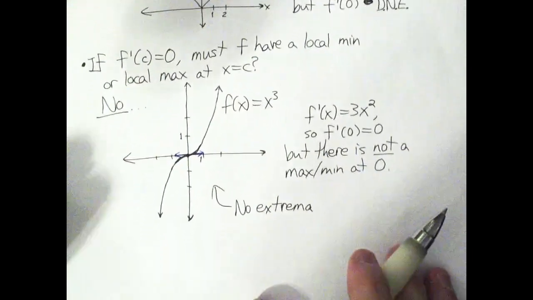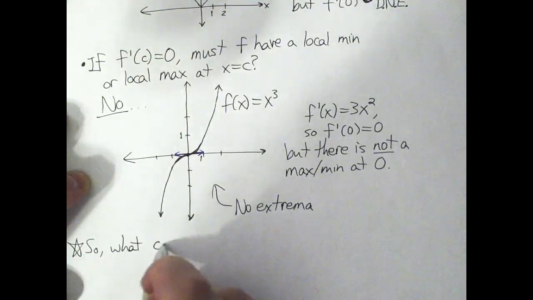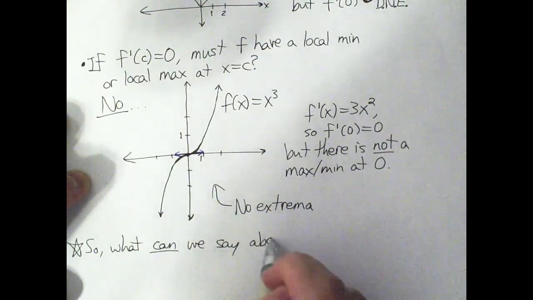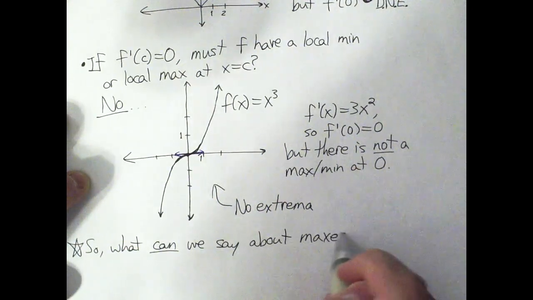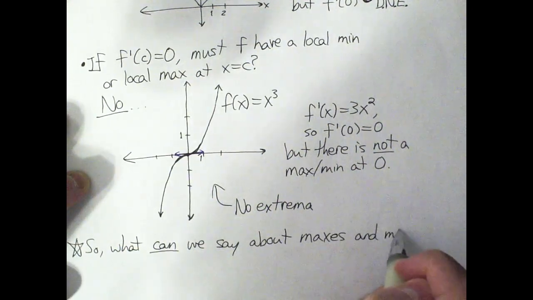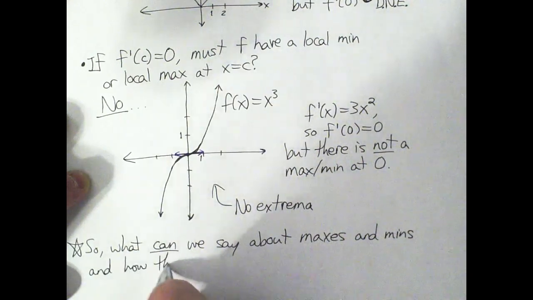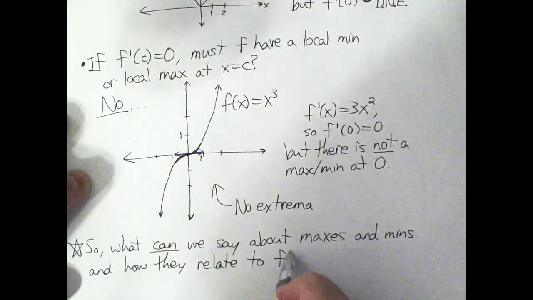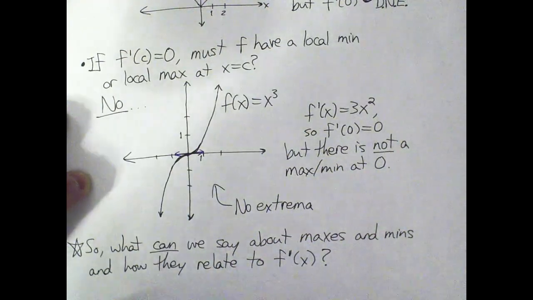This is what we want to know: what can we say about maxes and mins and how they relate to the derivative? Like, do they relate to the derivative at all? It seems like they don't have to.